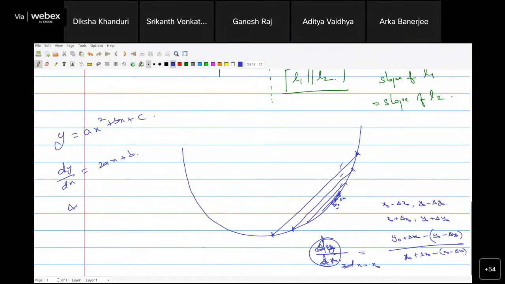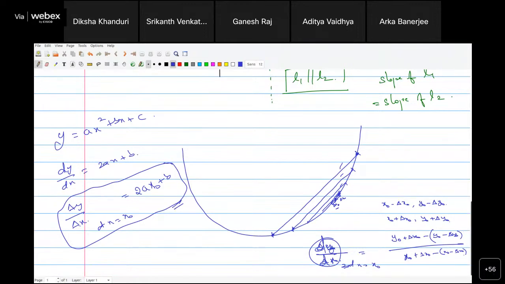This particular change in y by change in x at x equals x naught will be, just substitute x equals x naught, you will get 2a x naught plus b. So this is the proof. If you don't understand the proof, it's fine, but understand this.